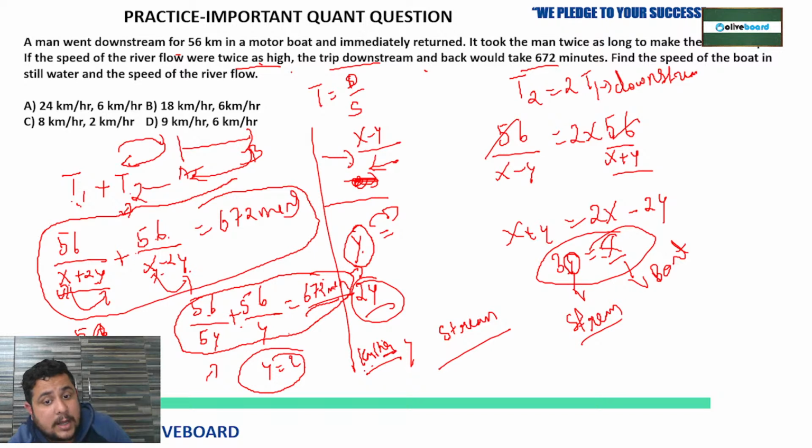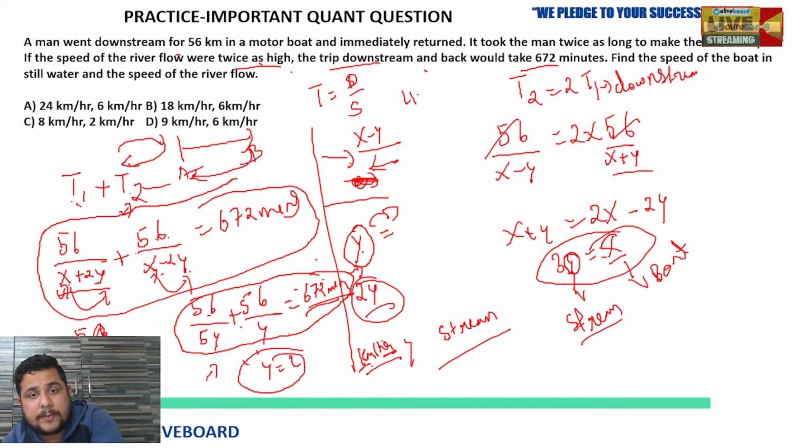Time must be in hours, distance must be in kilometers, right? Like that you have to keep in your mind. So this equation you have to solve and comment your answer in the comment box. Which of the options will represent the correct answer?